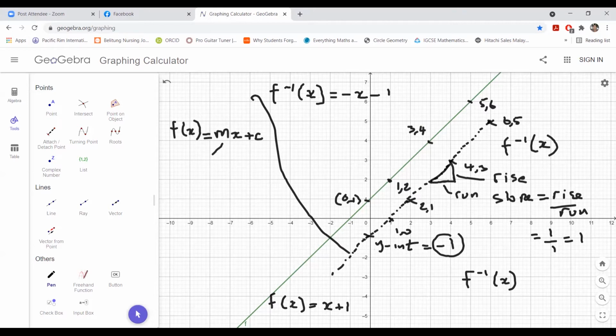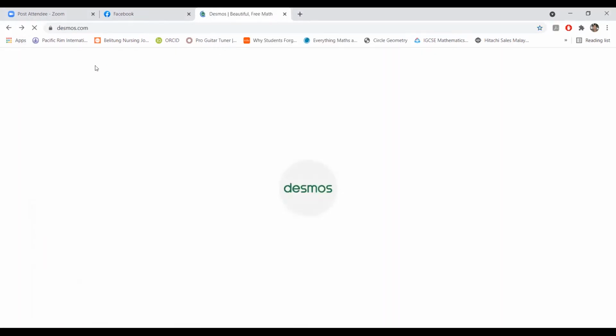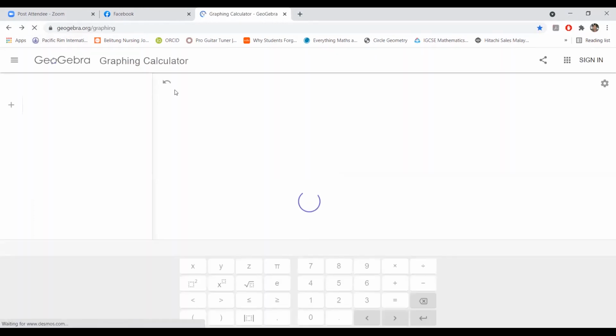And m is the slope, and c is the y-intercept. We'll do more on this later, so don't worry too much now. Okay, you got that? So I'll do another example. I really should go back so this all disappears. And I'll come back to it.